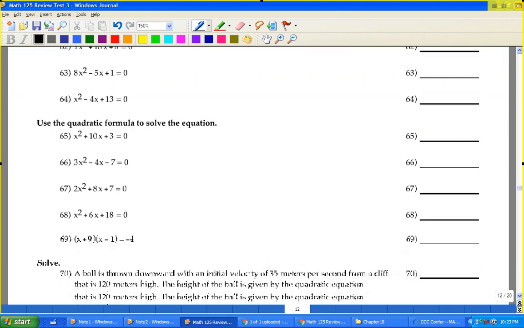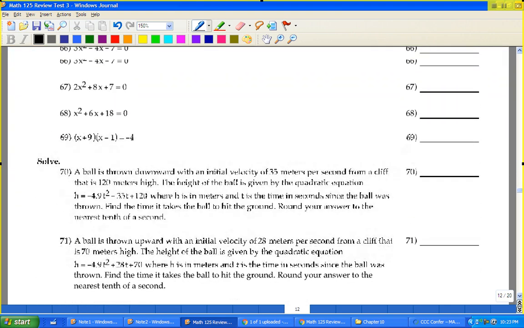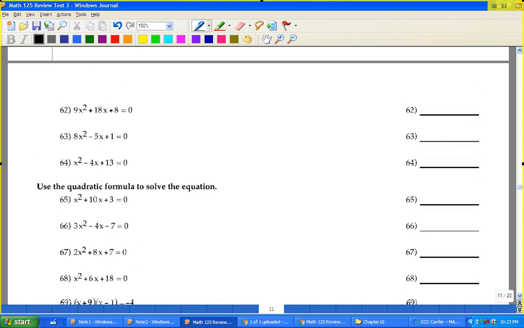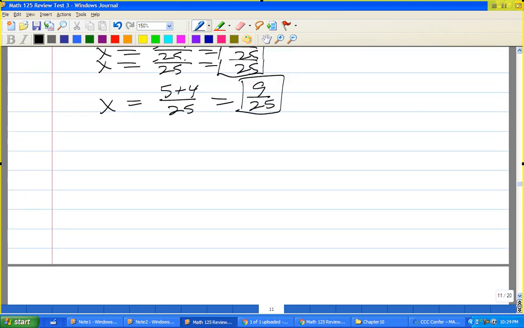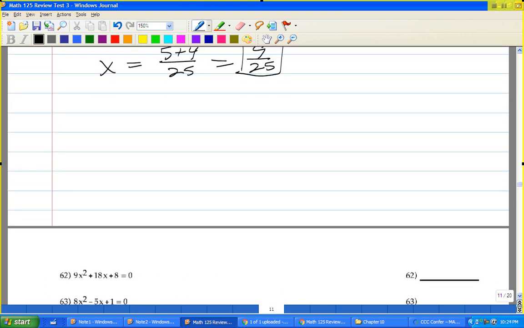Okay, 62. So let me do problem 62. Oh, and you want to complete the square. And so I have 9x squared plus 18x plus 8 is 0.